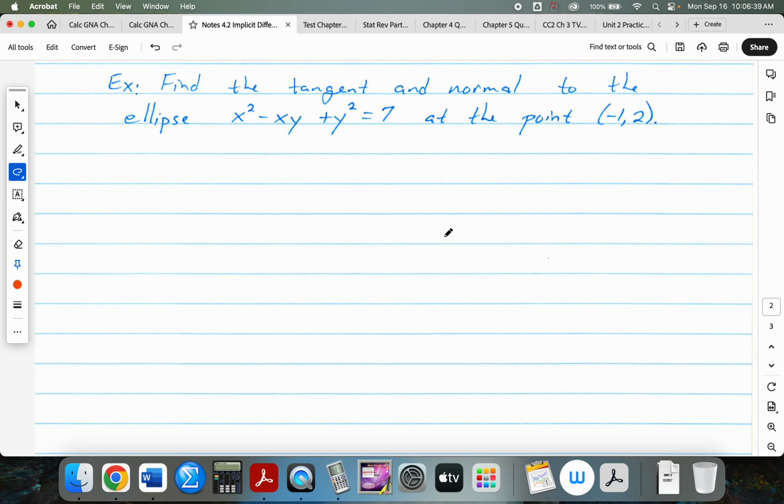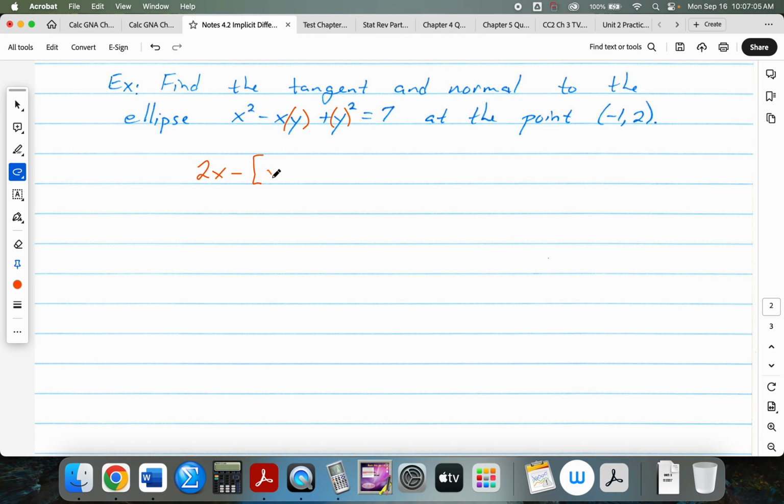All right, so we're going to take the derivative with respect to x. I'm just going to go in here and remind myself to do the chain rule on everything that's not an x, any variable that's not an x. So taking the derivative of x squared is just 2x. Minus, I have a product, so I must do the product rule.